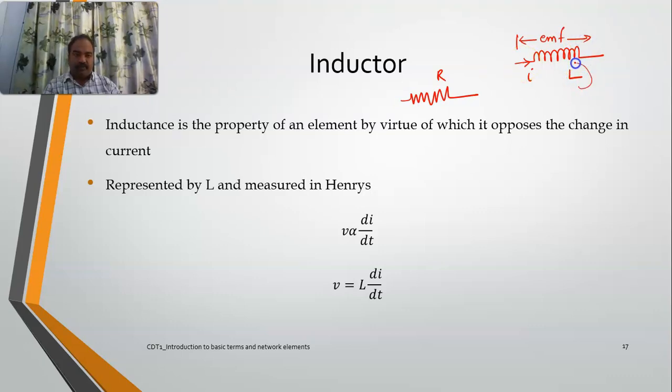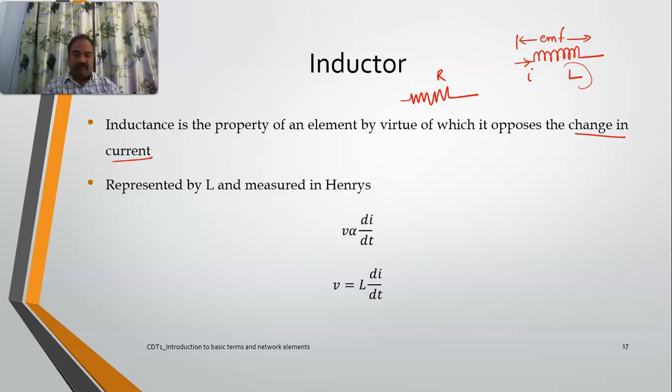Inductance is the property of this element by virtue of which it opposes change in current, not directly current. When the magnitude of current is not changing, it won't offer any opposition. But when the magnitude of current is changing, then only it will offer opposition.